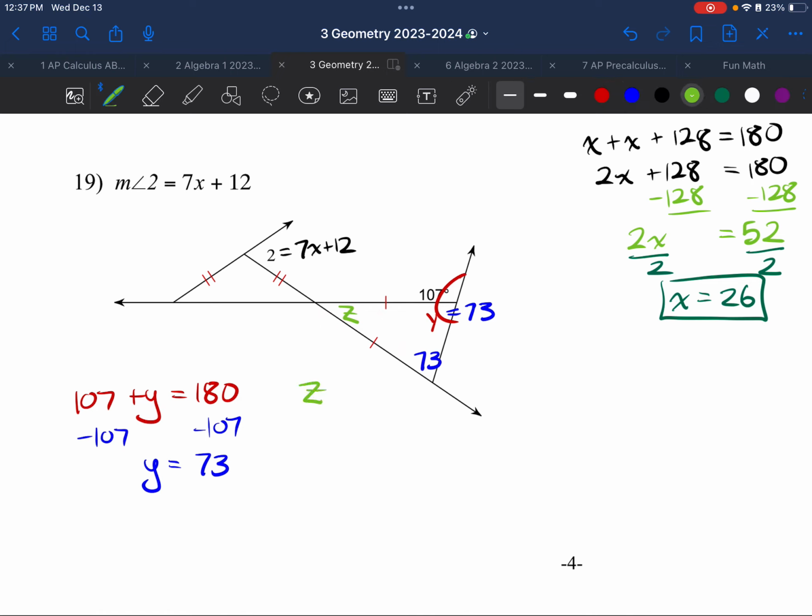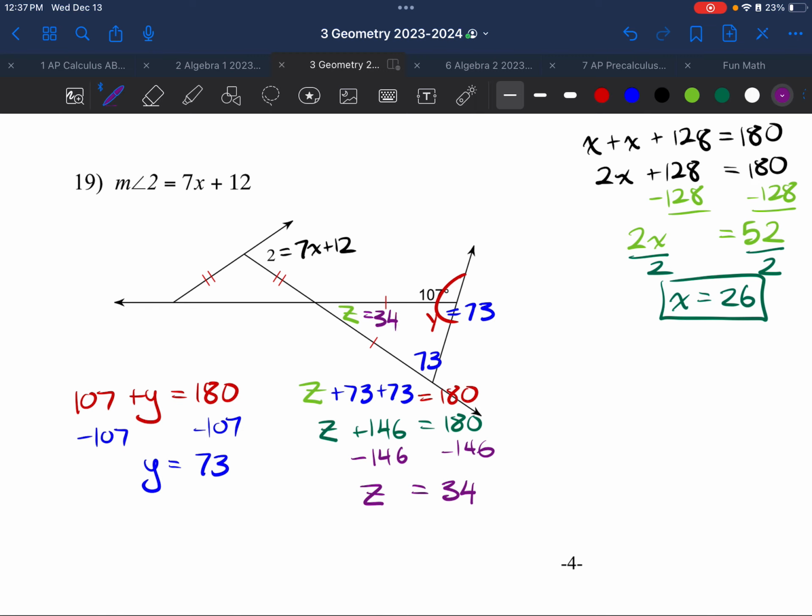So let's go ahead and simplify this and say that z plus 146 equals 180. Let's go ahead and subtract 146, and we get z is equal to 34.